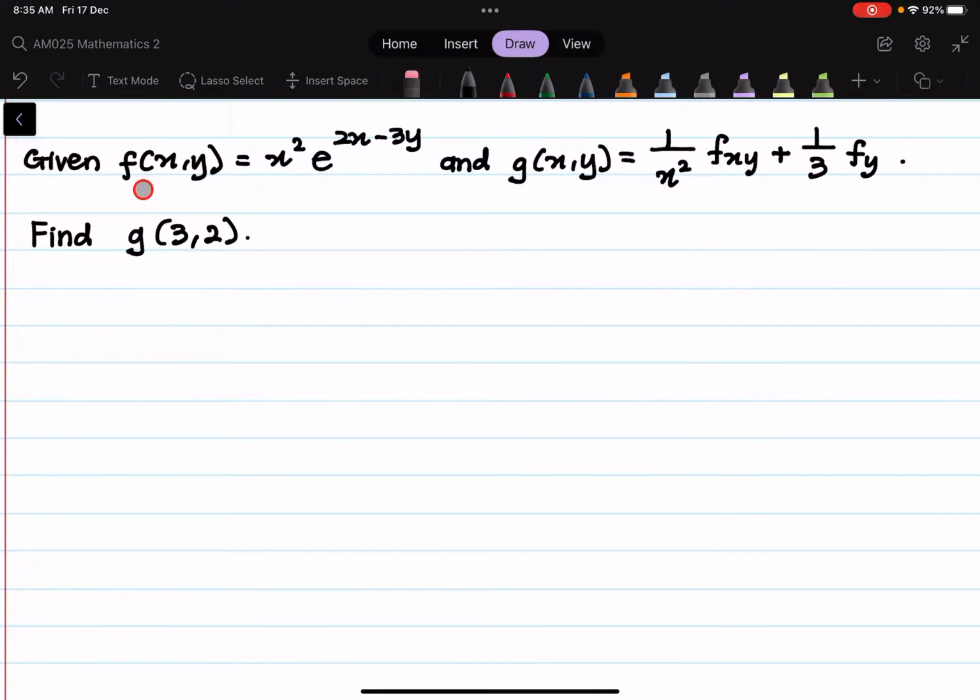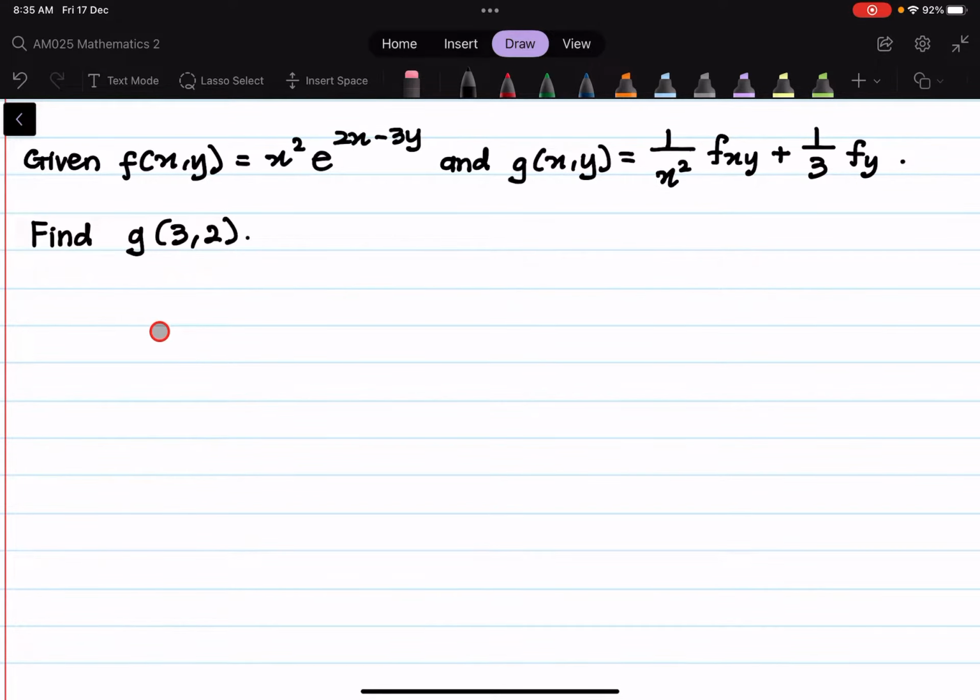Alright, so if you can see here, in this g(x,y), there is f sub xy and f sub y. So before we can find g(3,2), we need to find f sub xy and f sub y.